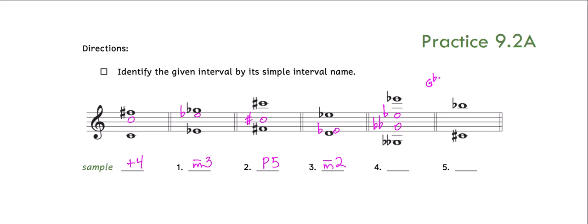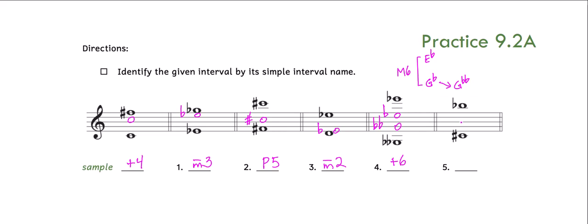G flat major has 6 flats, so E flat belongs to the key of G flat major. This interval is a major sixth. Now the bottom note here is not G flat, but G double flat. That makes the interval bigger. So the interval here is an augmented sixth.